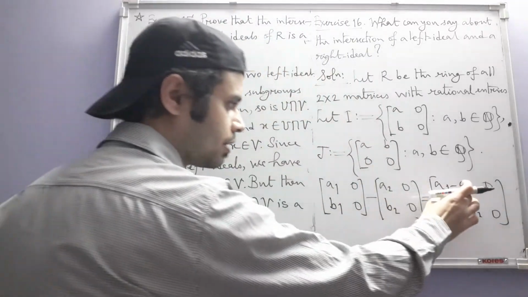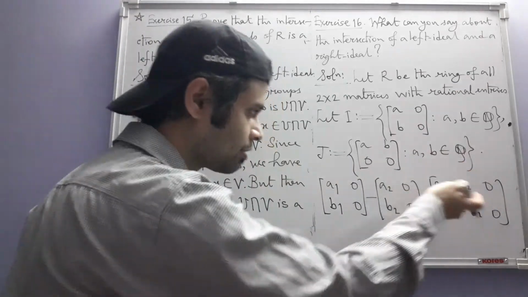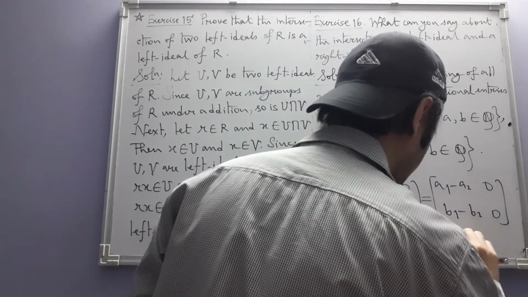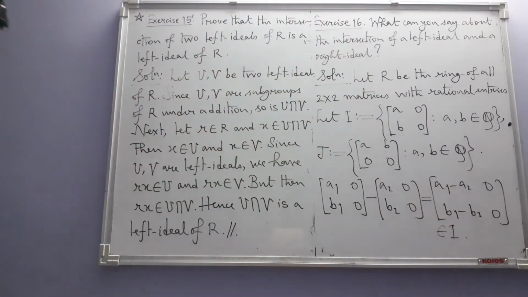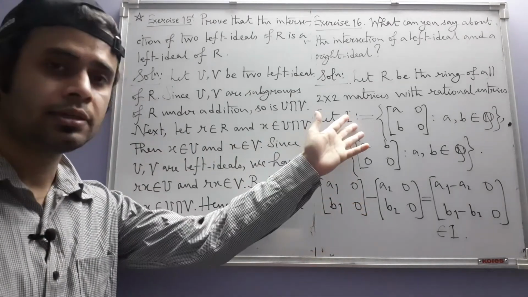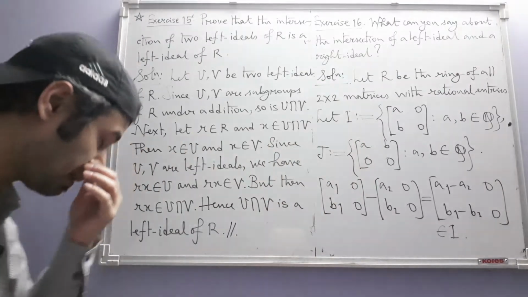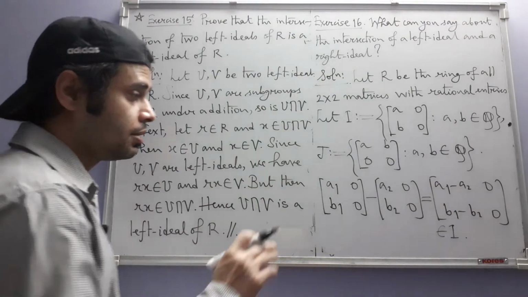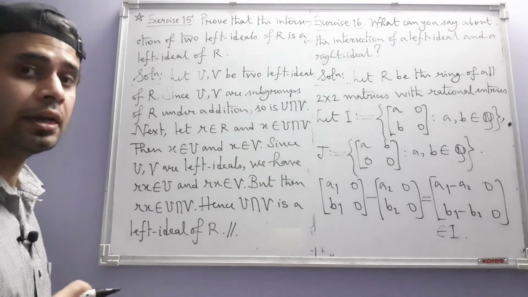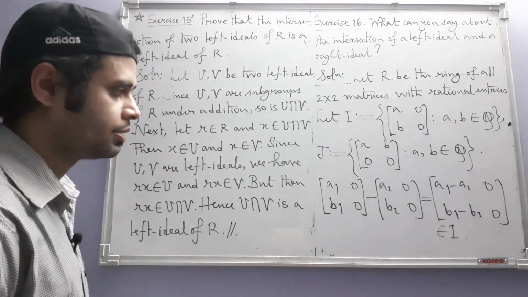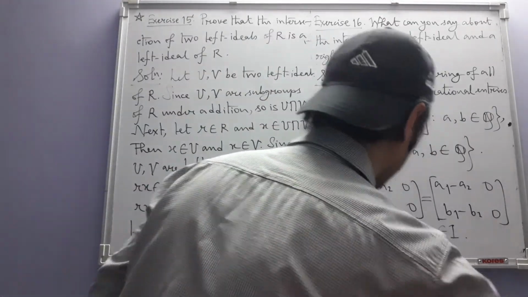These are also rational numbers, and this matrix also has the same form as the other matrices in I, so that means it belongs to I. Similarly, you can show that I is a subgroup of R under addition. And the same thing you can do with J. You can also similarly show that J is a subgroup of R under addition. So that thing is okay, fine.